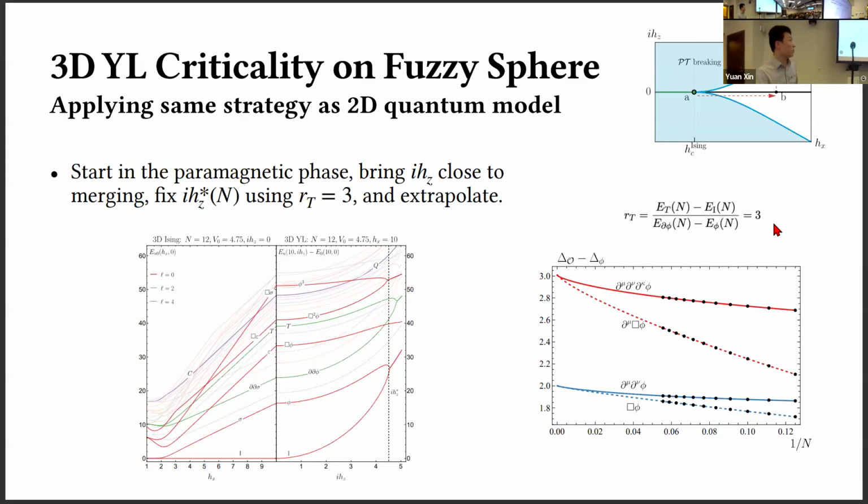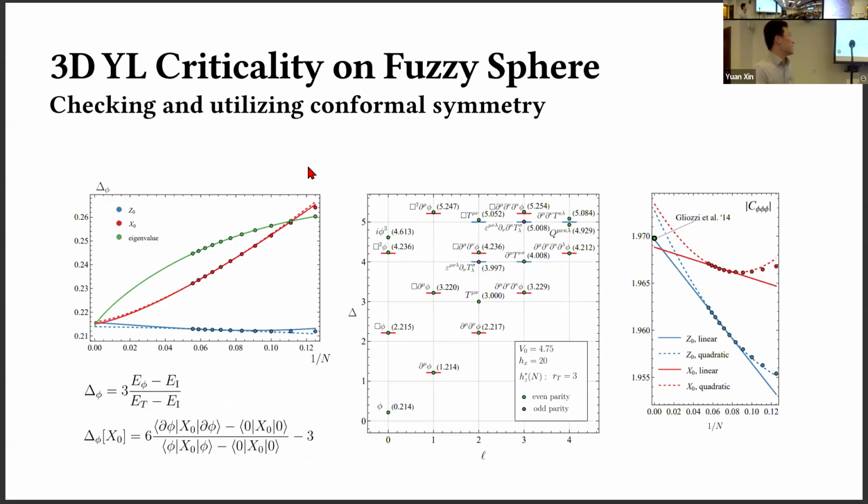And we found remarkable consistency with the conformal symmetry, meaning all of the descendant scaling dimensions converge very nicely to integers above the corresponding primaries. We also checked a bunch of other consistencies: we can measure the scaling dimension using the eigenvalues, and we can also measure it using CFT consistency between 3-point functions using the CFT algebra.